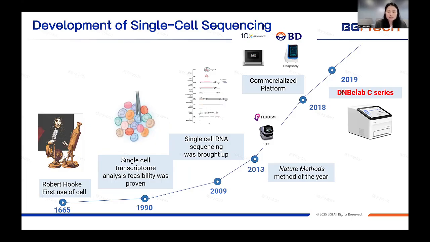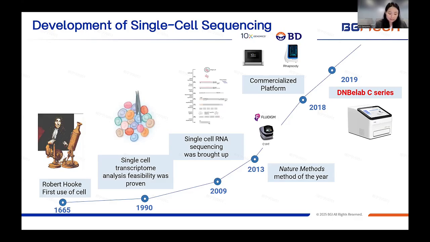In 2009, single-cell sequencing was introduced for the first time. From that point on, single-cell sequencing became a very powerful tool because it allows researchers to identify new cell types and investigate the mechanisms of diseases at single-cell resolution.